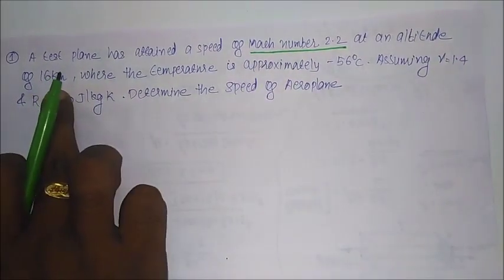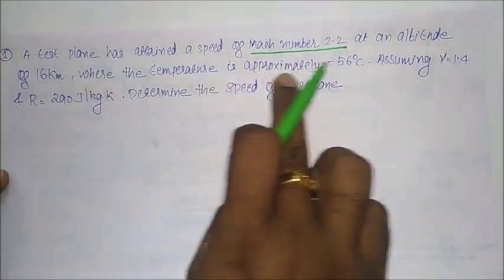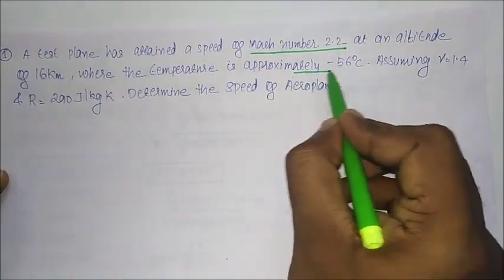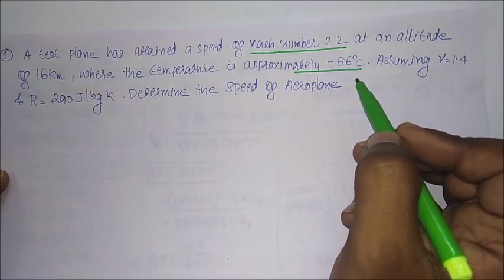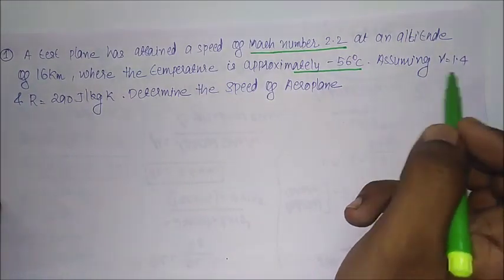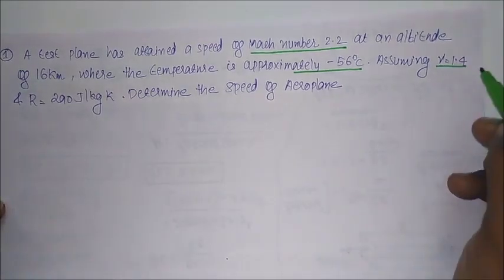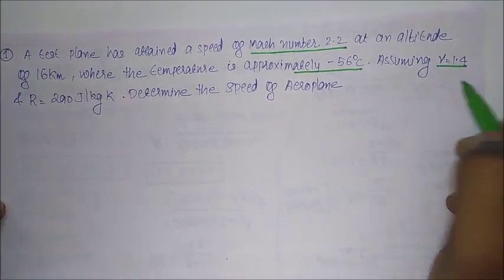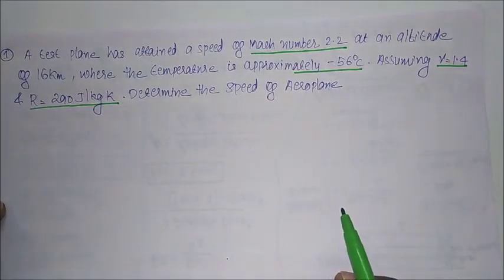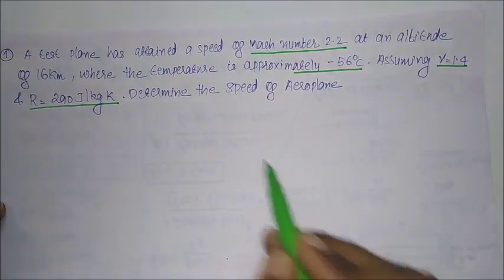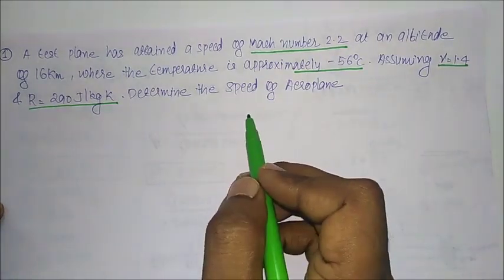At an altitude of 16 km, where the temperature is approximately minus 56 degrees Celsius, assuming gamma is equal to 1.4, and R, the characteristic gas constant, is equal to 290 joule per kilogram Kelvin. Determine the speed of the aeroplane.